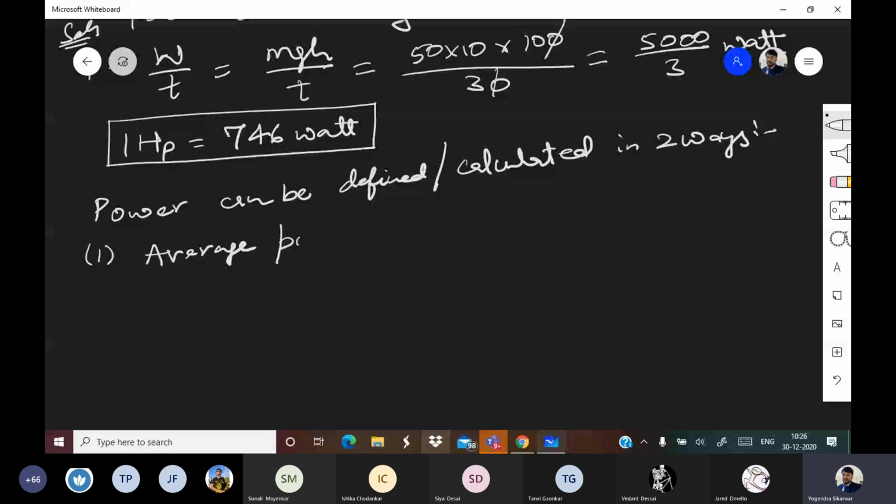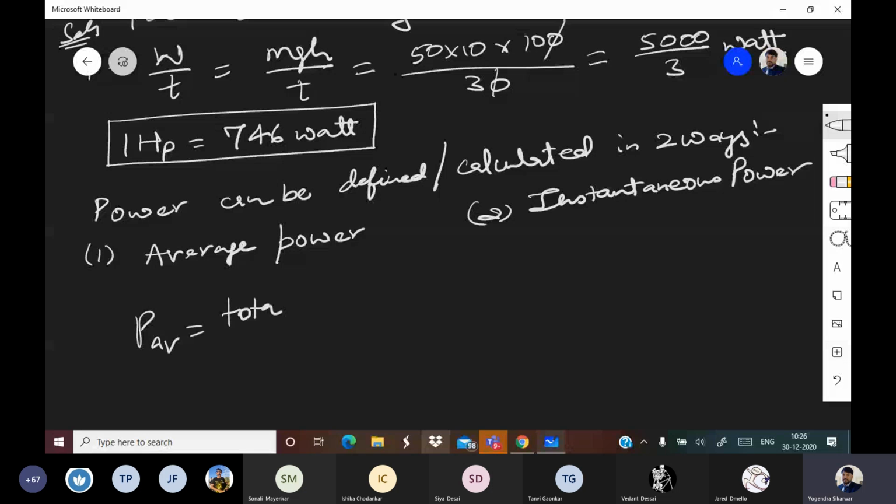Number two is instantaneous power. Average power is equal to total work done upon total time taken.